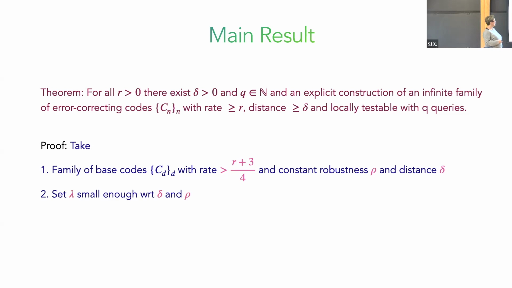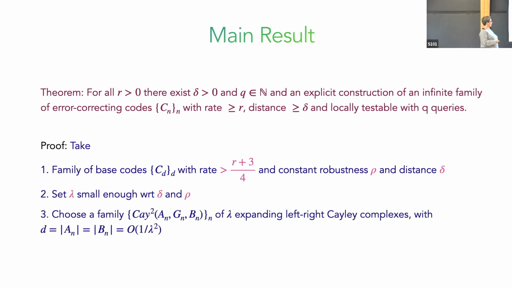And then we take lambda to be small enough with respect to both delta and rho, like we showed before. And this gives me some constant D, which is the size of this set of generators A and B. So even though A and B formally are different for different n, their size is always going to be at most, roughly, 1 over lambda squared, like we say here.